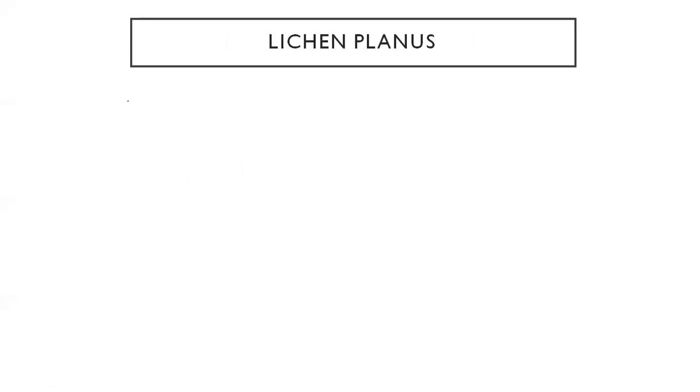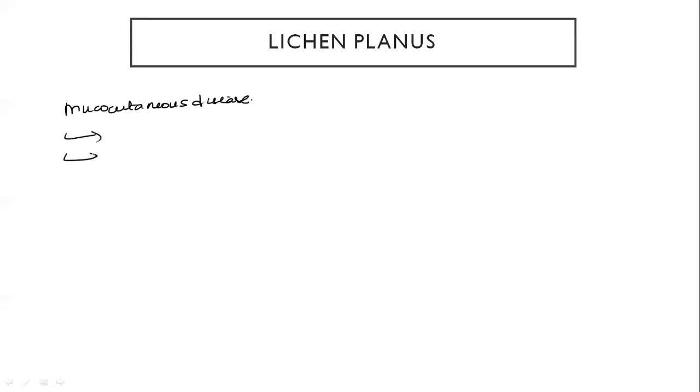Coming to lichen planus, I have already explained in detail about lichen planus. In case you did not check out my video, please do check my video, which I'll insert at the end of this video. But the most important thing to remember here is it is a mucocutaneous disease.